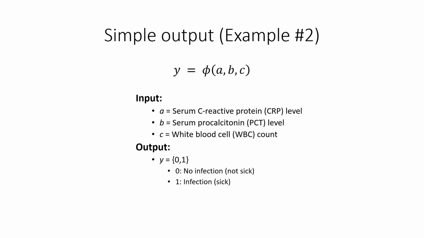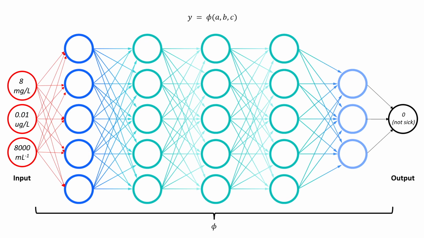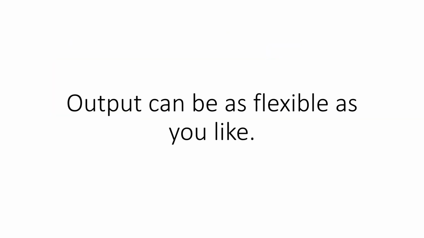Again, these three values are fed into the network, which returns either a 0, indicating no infection, or a 1, indicating an infection. Now, looking back to the neural network, if we were to input the average values in a healthy person, as seen here on the left, we would expect to see a 0 on the right as the output, indicating that the person is healthy and does not have an infection.